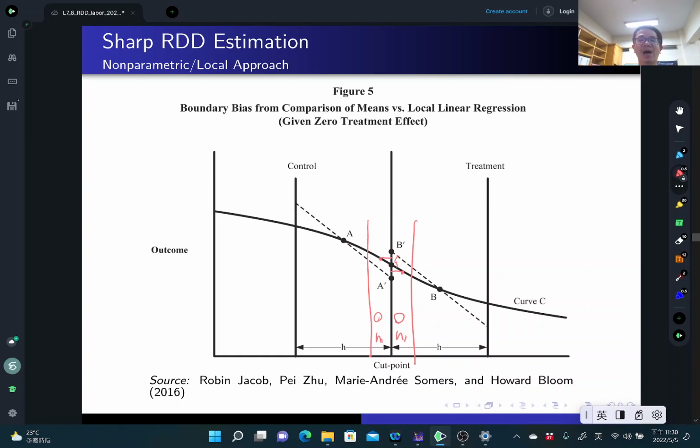So you will get imprecise estimates if you shrink your bandwidth. But shrinking the bandwidth will also give you a better estimate of the discontinuity. This example shows that if you shrink your bandwidth, you will be closer to the truth. The truth is no discontinuity at the cutoff. Okay.